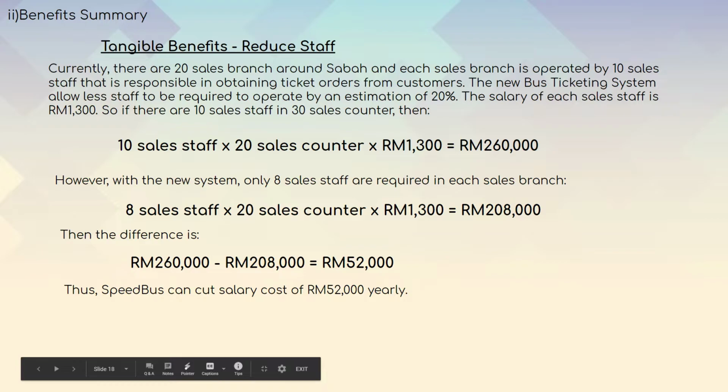With the new bus ticketing system, they reduce 2 sales staff, so there are 8 sales staff, which equals 208,000. And the difference is 52,000 yearly. I think I made a mistake.